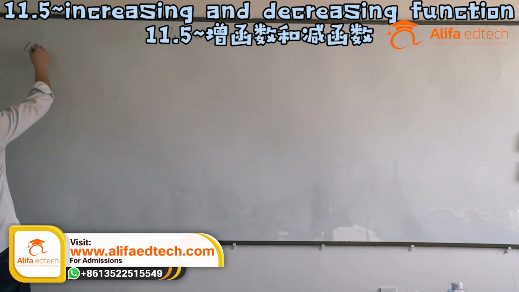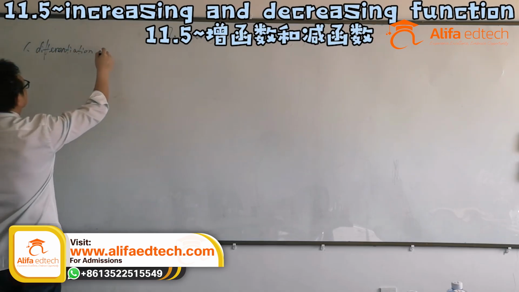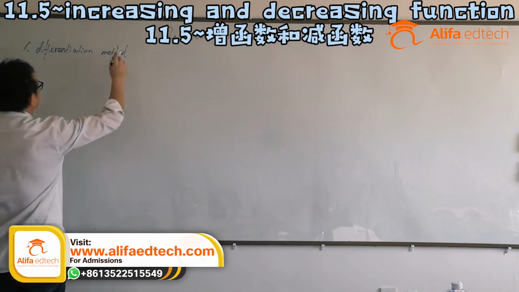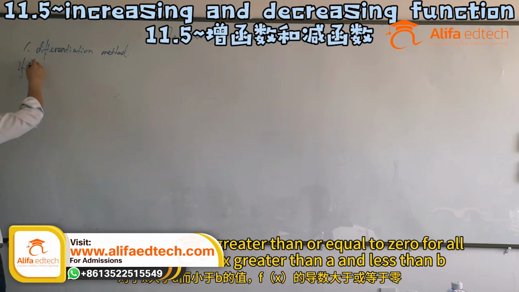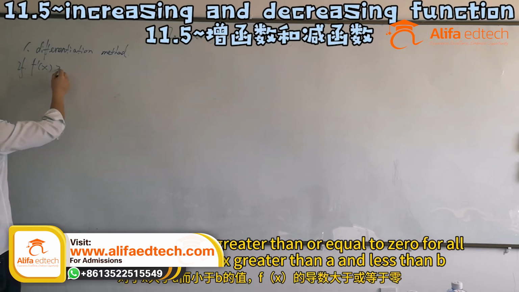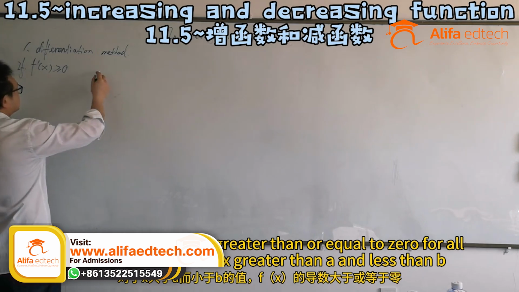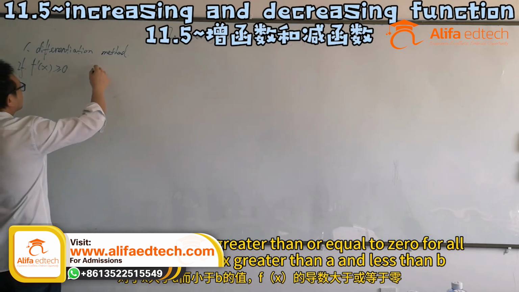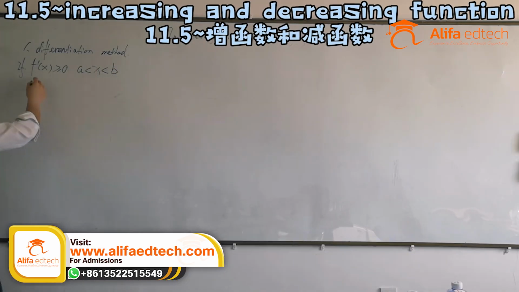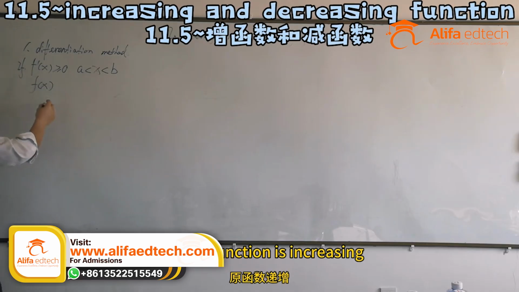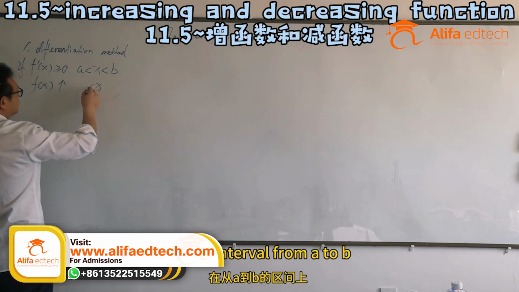1. Differentiation method. If the derivative of f(x) is greater than or equal to 0 for all values of x such that x is greater than a and less than b, the original function is increasing on the interval from a to b. 2.